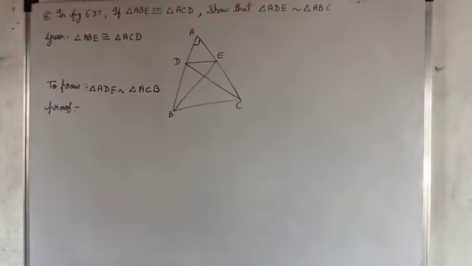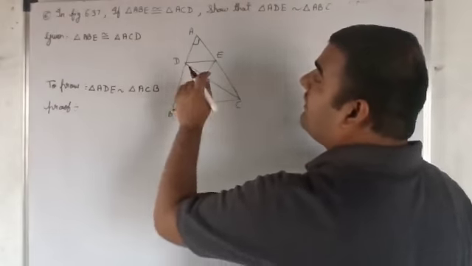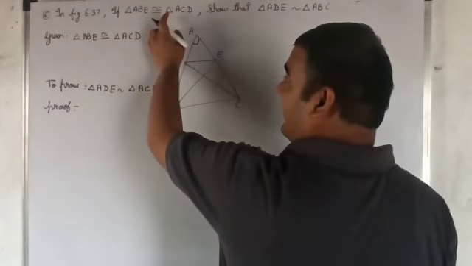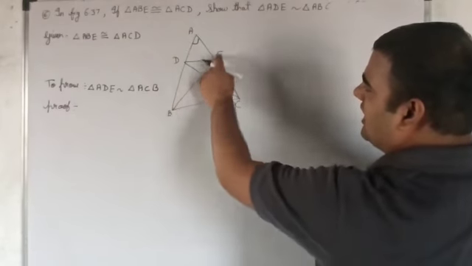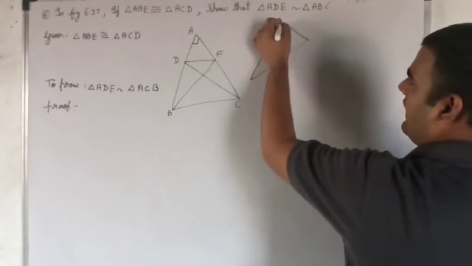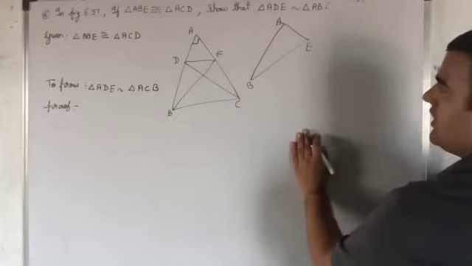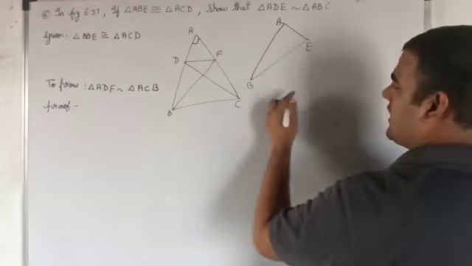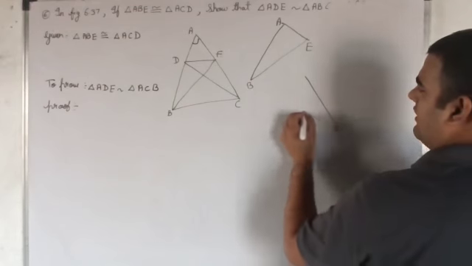Hello students, we will see in figure 6.37, it is given that triangle ABE is congruent to triangle ACD. So here I am drawing ACD.